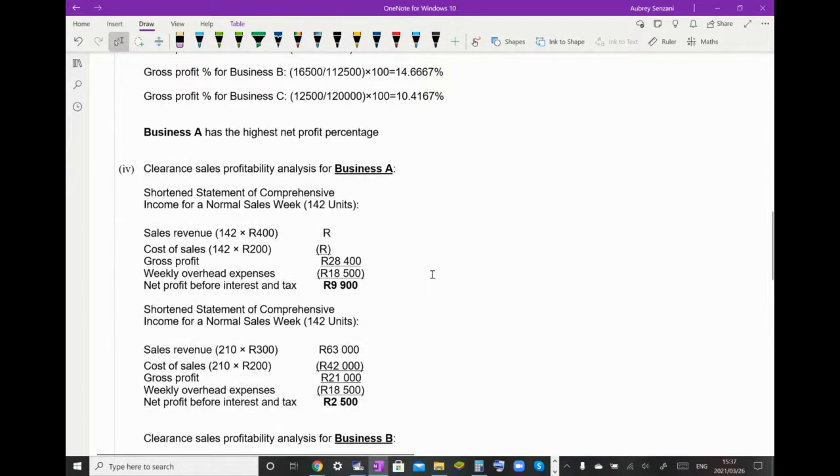Can you see it's literally the same thing? The only thing that has changed is the number of units that were sold. So I'll show you what's actually happening here. So 140 units times 400, what do we get? Somebody calculate for me. What do we get?